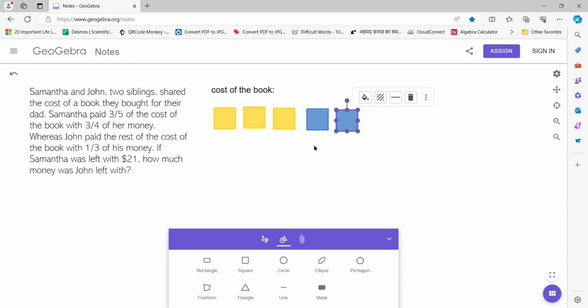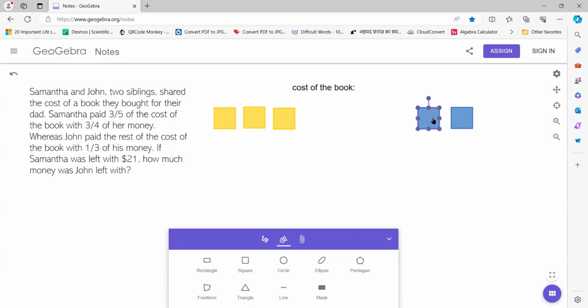Now, Samantha paid three-fifths. So Samantha paid, let's say, the yellow squares. And her brother John paid, let's say, the blue squares. Okay? Fine. So far, so good, I hope. What else do we know?